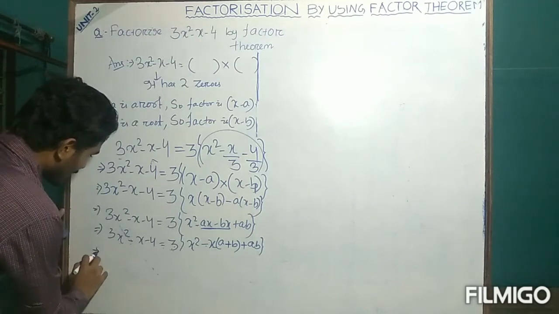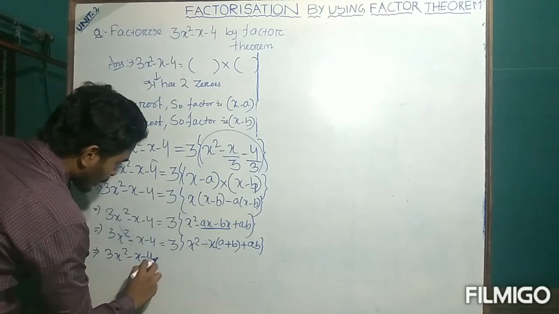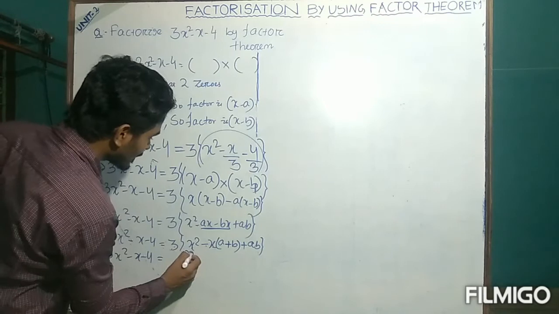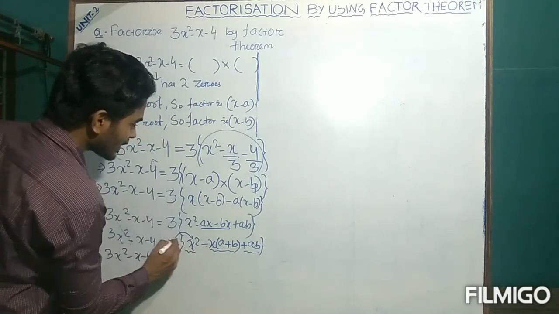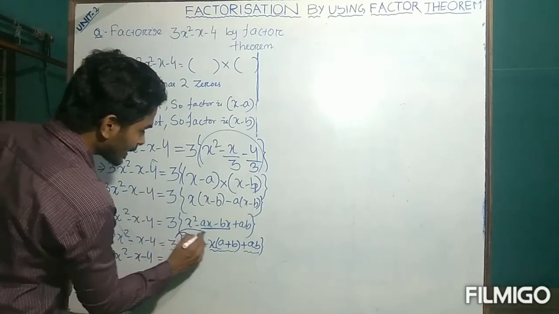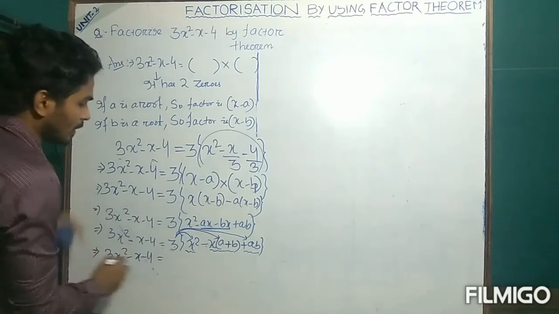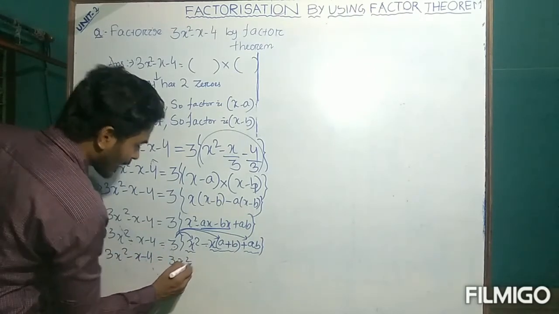Now we will write 3x square minus x minus 4 is equal to. Now this 3 will be multiplied with all these 3 terms using distributive law. Okay, 3 is multiplied with x square, 3 is multiplied with the second term, and 3 is multiplied with the third term. So when 3 is multiplied with x square, it will be 3x square.